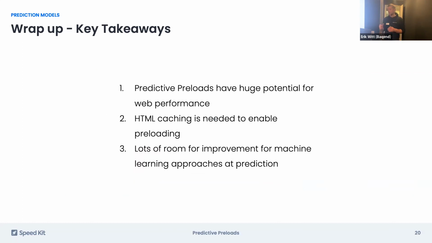Second of all, if you have a complex system in e-commerce or somewhere else, you will need HTML caching. Otherwise, this probably isn't feasible except for some really specific use cases. And third, there is lots of room for improvements, lots of room for research, for machine learning, and for just trying different approaches. And that is actually what research is, I would guess.